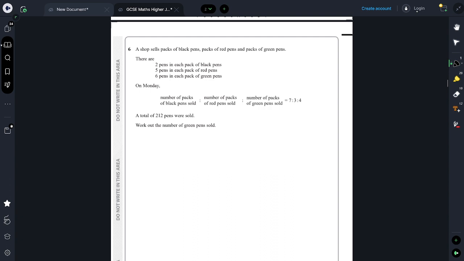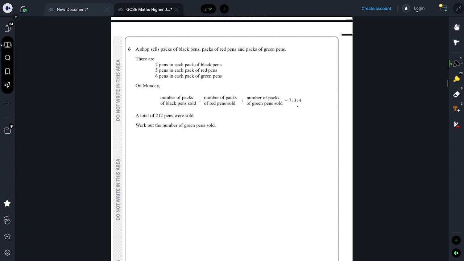Again, there's three pieces of information, a 3-part ratio. Okay. So it tells us there are 2 pens in each pack of black pens, 5 in red pens, and 6 green pens in a pack. And it tells us how many packs were sold of each colour. So there are 2 different kinds of ratios going on here.